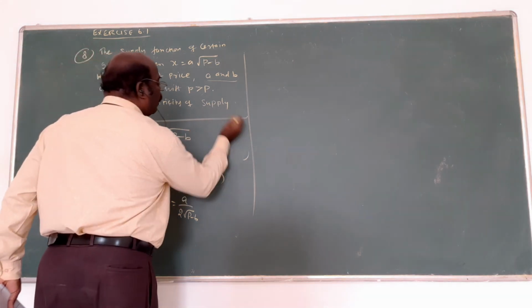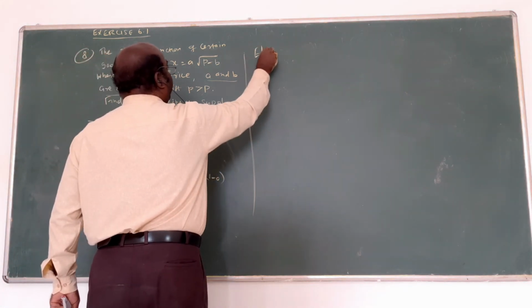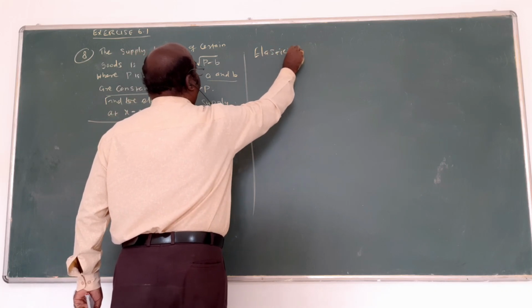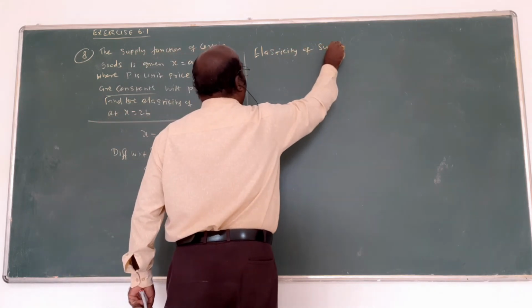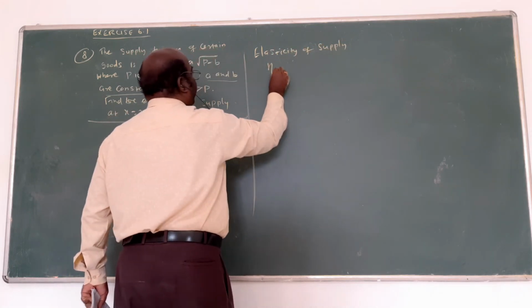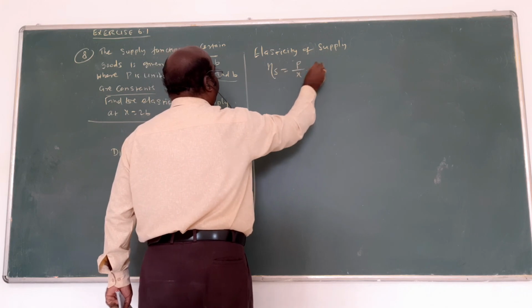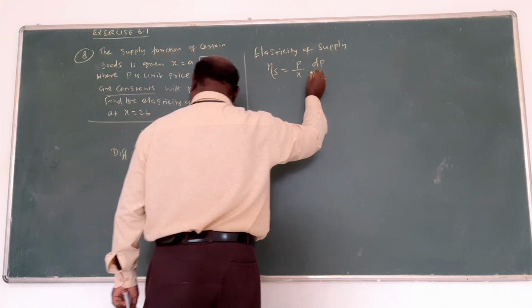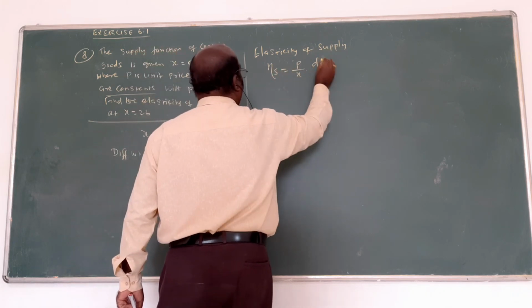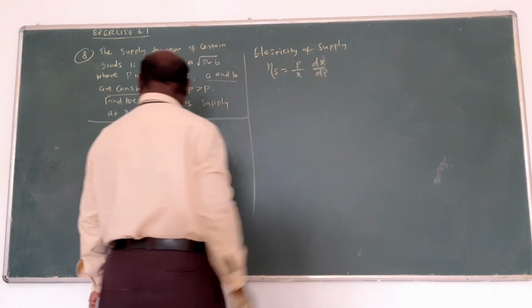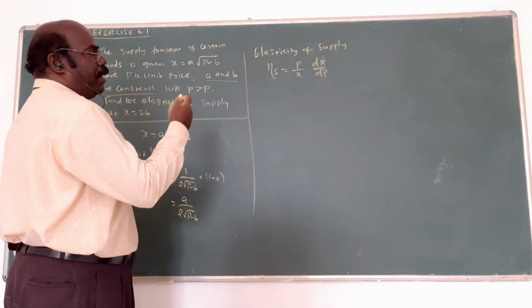Now, elasticity of supply is asked. What is the formula? Eta s equal to p by x into dx by dp. Only plus, not minus.